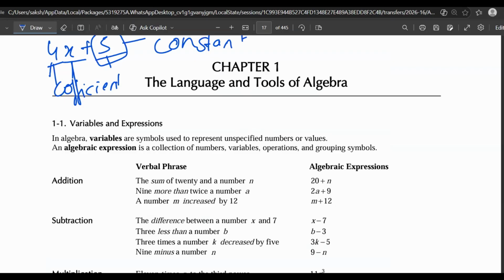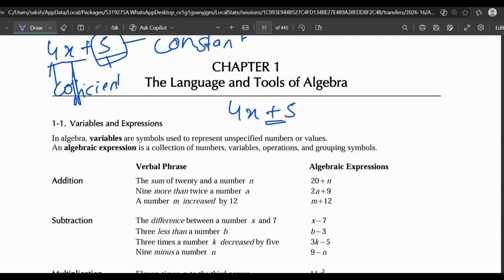Now, the thing we have learned is terms, like defining terms. If I'm going to write 4x plus 5, how many terms are there? Generally, in your algebraic expression or equation, a term is defined by addition and subtraction.